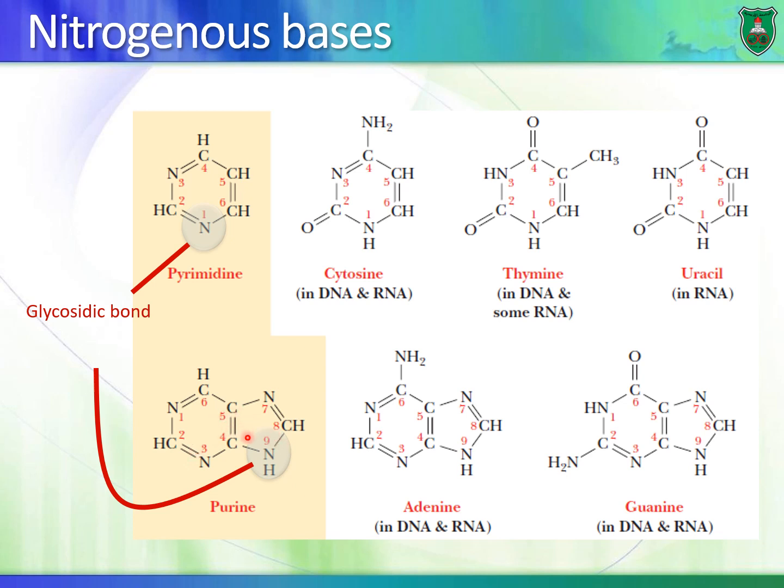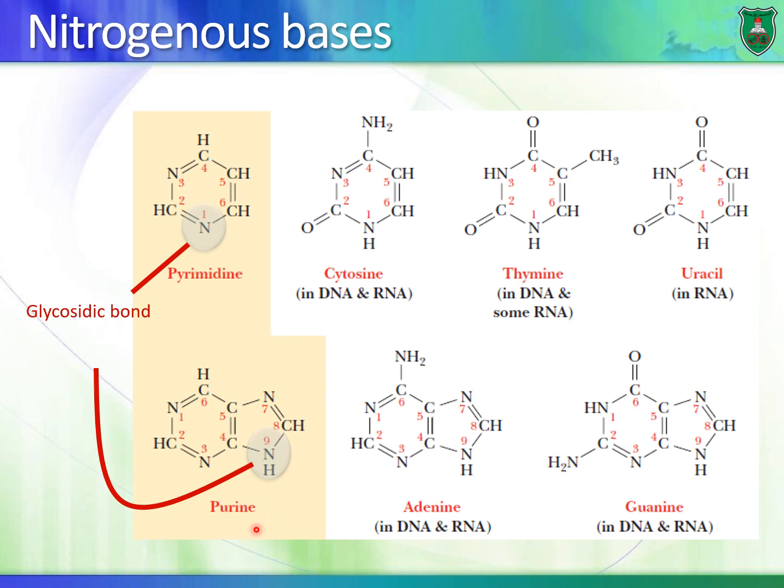So how can I differentiate between the two? Well, that's how I learned it when I was a student. The little word is for the big structure, and the big word is for the small structure. So pyrimidine is for the single ring molecule and purine is for the double ring molecule.